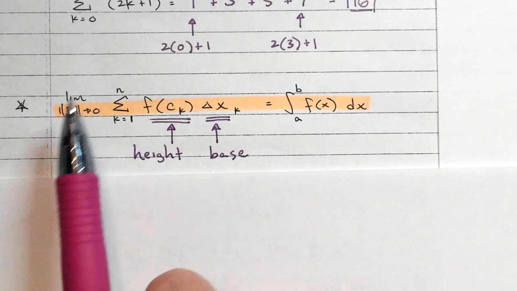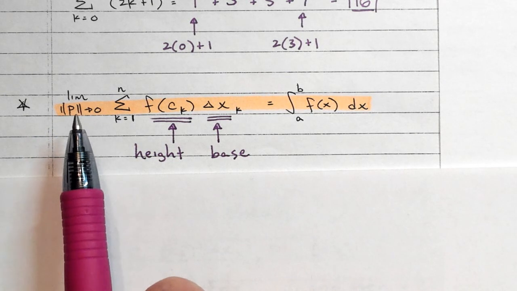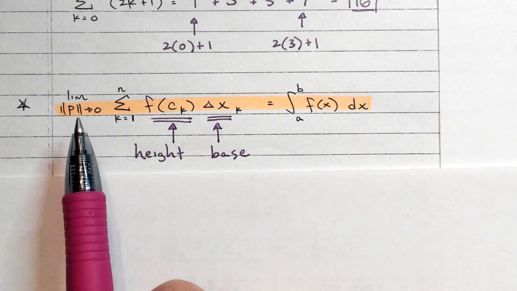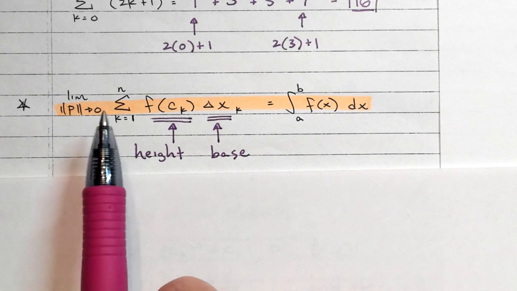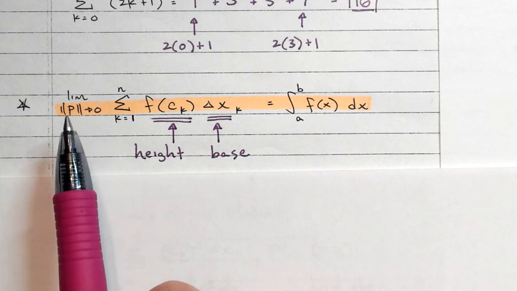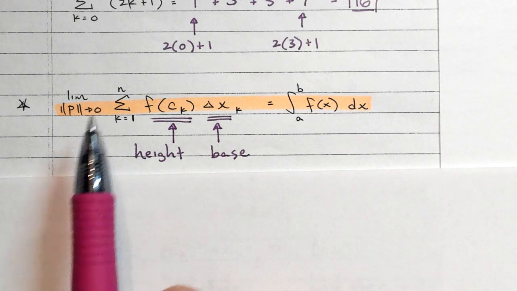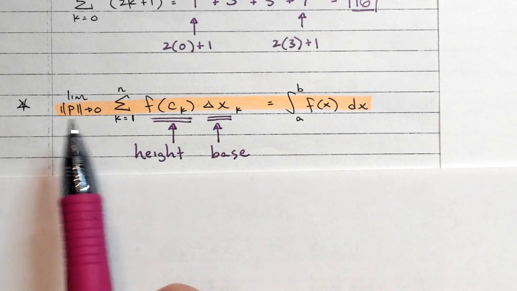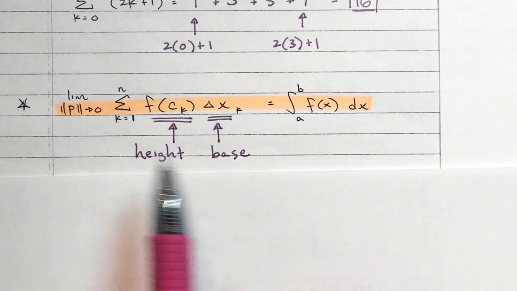And this is saying that the magnitude of the partitions, basically the size of the partitions, like the width of the rectangles, are really, really small. So if the width of each rectangle is super tiny, close to 0, then you have like a bajillion rectangles. So you basically have an infinite amount of rectangles, and that's going to give you a really good value.